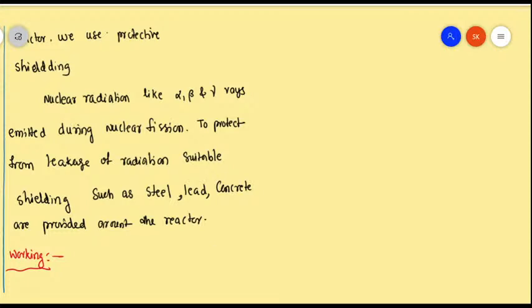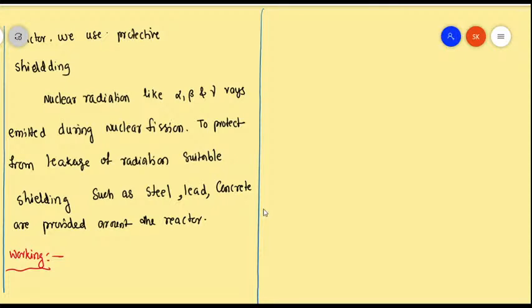I'm going to write the working. The theory is taking much time to write. Okay, right. Now, firstly, what do we have to do?